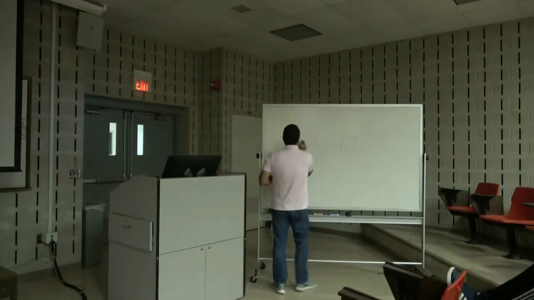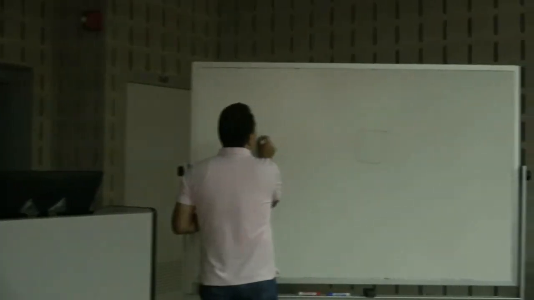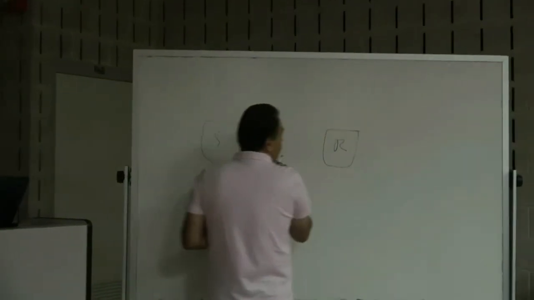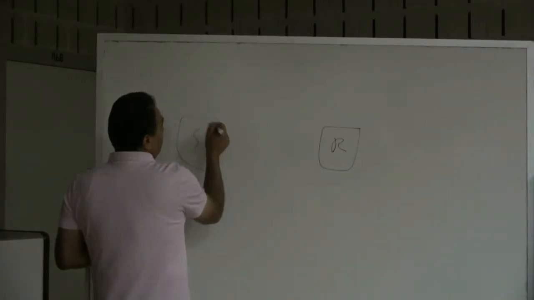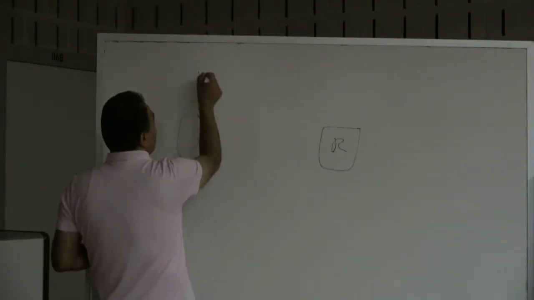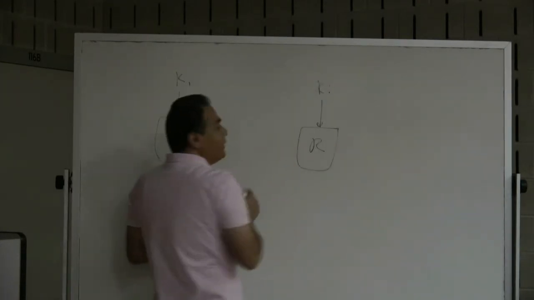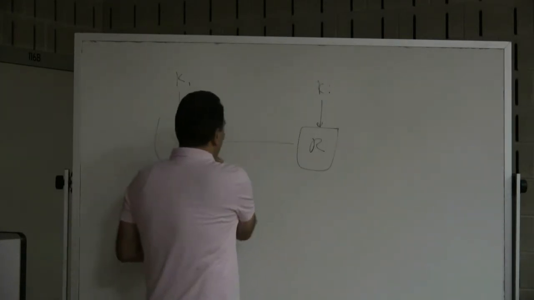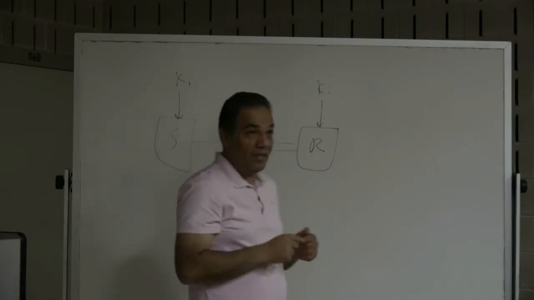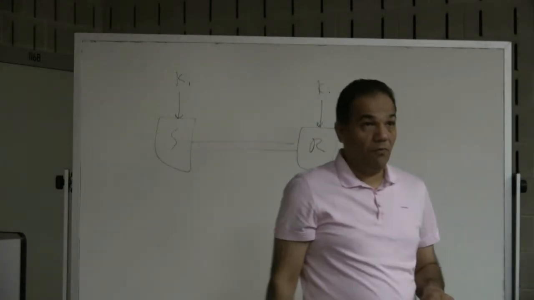So if you have a sender and a receiver, and they need to send data, for the packet they send, they have to share the same key. The same key is used to encrypt the data and decrypt the data, right?